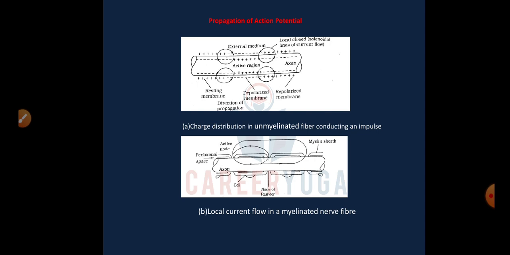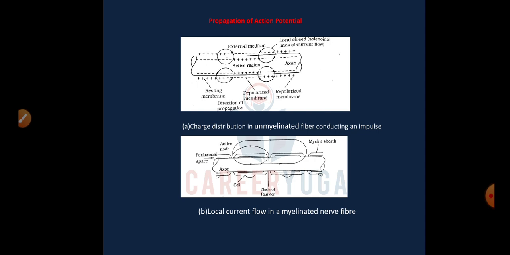In the case of a nerve, at any instant only a small portion of the fiber undergoes a transition, right? From the figure you can observe the charge distribution in the vicinity of the active region of an unmyelinated and myelinated nerve fiber during propagation of the action potential.